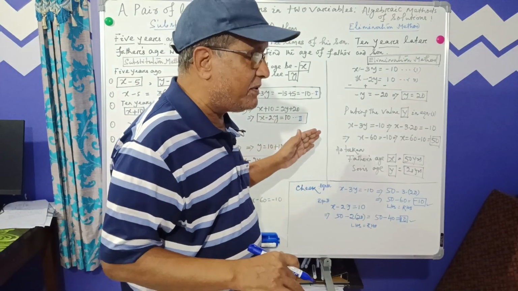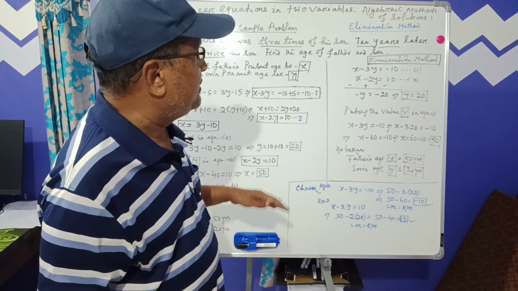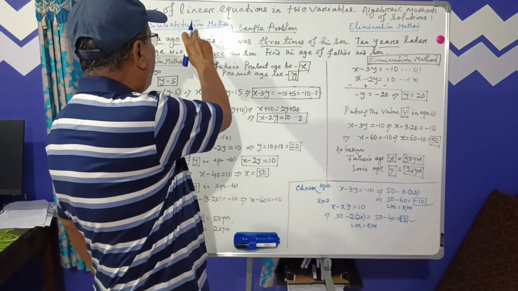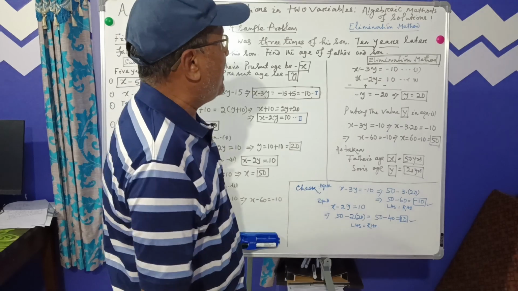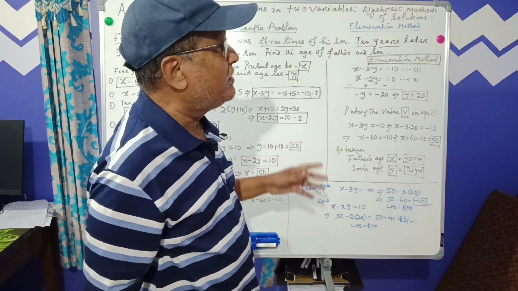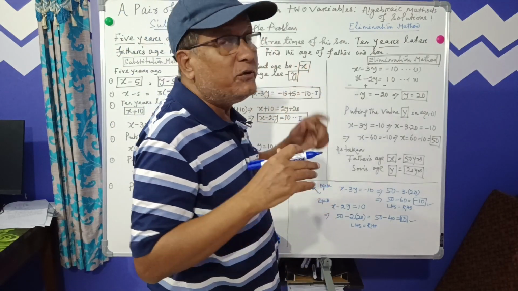But as per your syllabus, the cross multiplication method has been deleted. So let's discuss the two methods. Here we have displayed the substitution method and the elimination method, to find the solutions of a pair of linear equations in two variables.